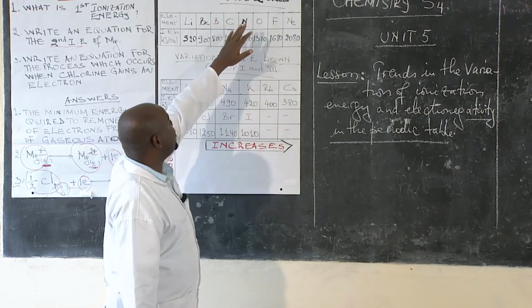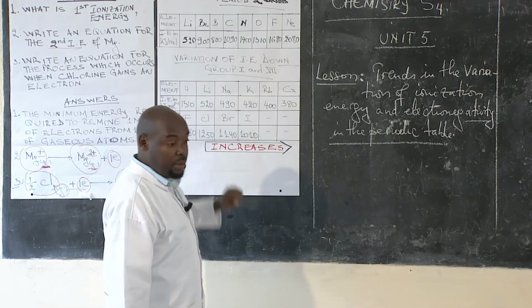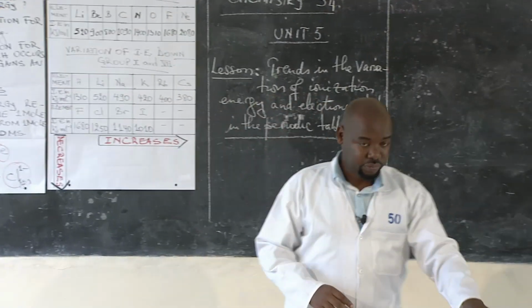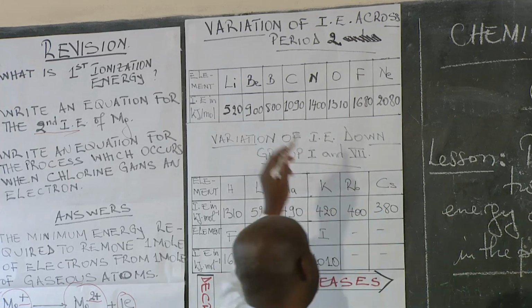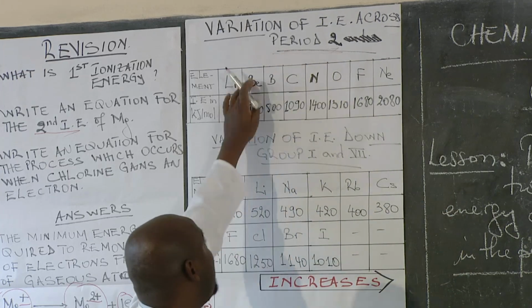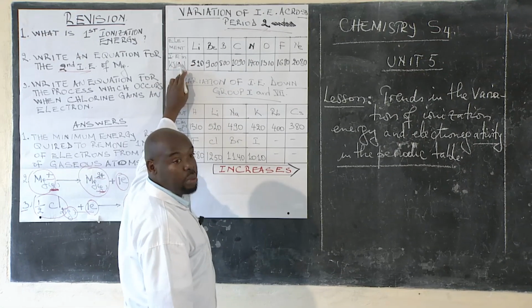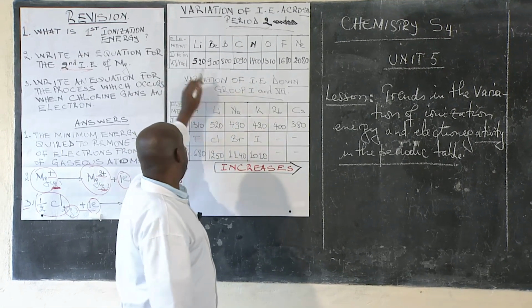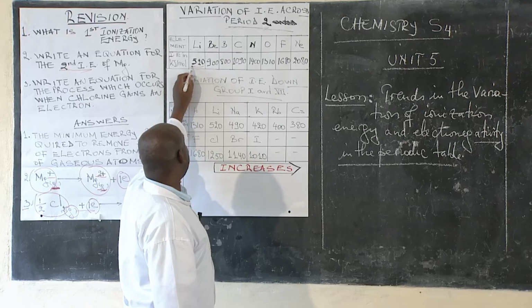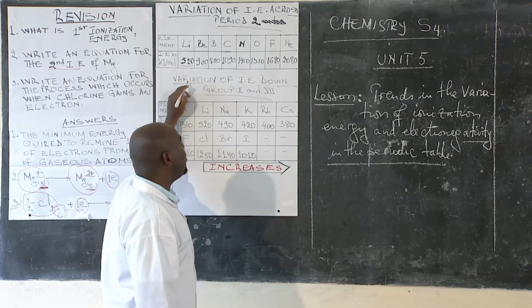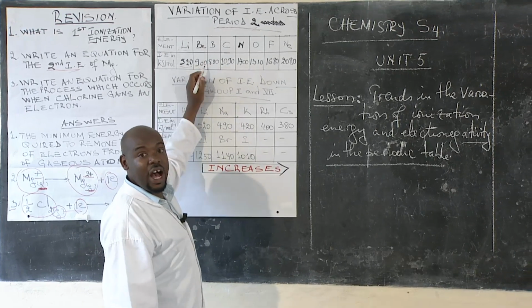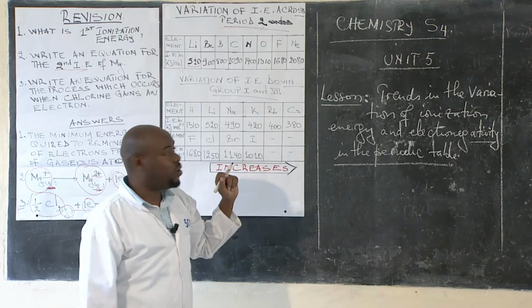Variation of ionization energy across period number 2. Here we have the second period, and these are the values of ionization energy in kilojoule per mole. For lithium, we have 520 kilojoule per mole. Beryllium, we have 900 kilojoule per mole.